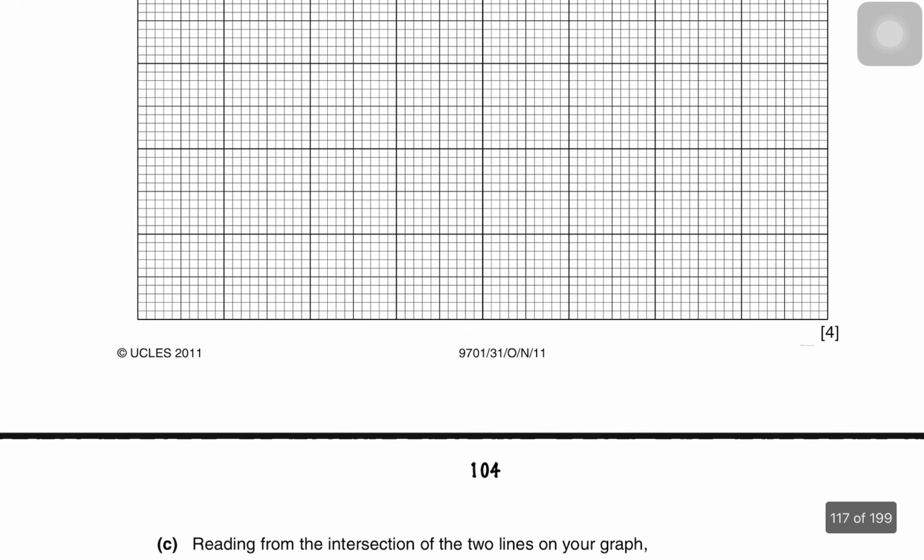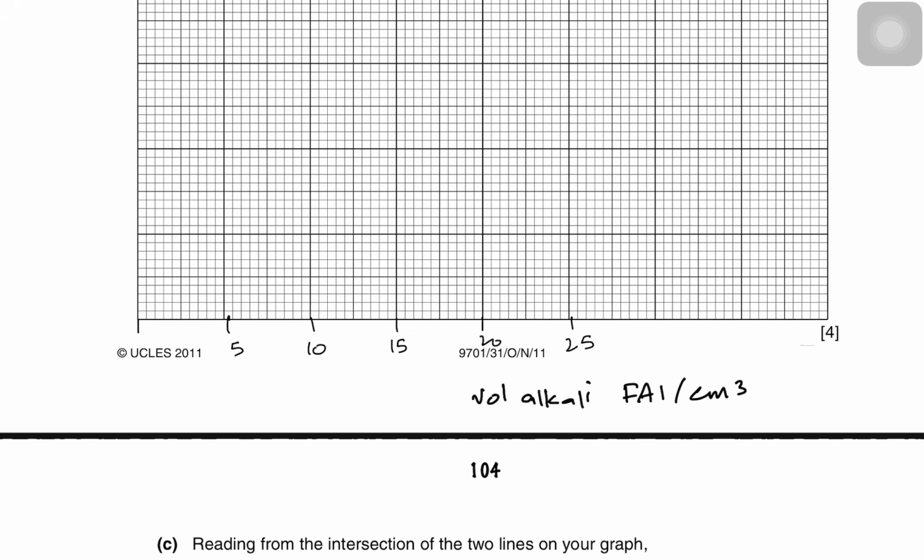Let's plot the graph. On the y-axis we will have the temperature change, the x-axis will have the volume of the alkali. So volume of alkali, or you can say FA1 / cm³, comes here. It's going to be 5, 10, 15, 20, 25, 30, 35, and let's say 40.